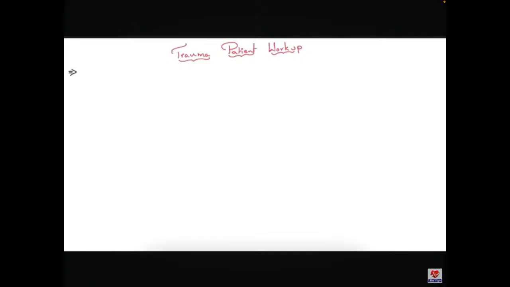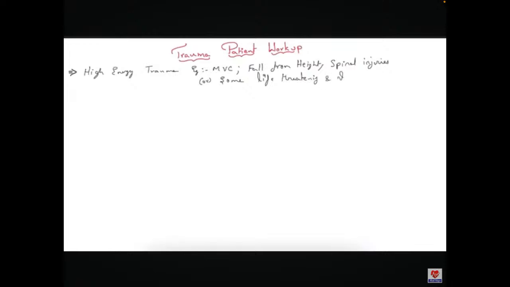So what are the causes that can cause these traumatic conditions? High energy trauma, for example MVC, or a fall from height, or something associated with spinal injuries, or some life-threatening conditions, or visceral injuries.